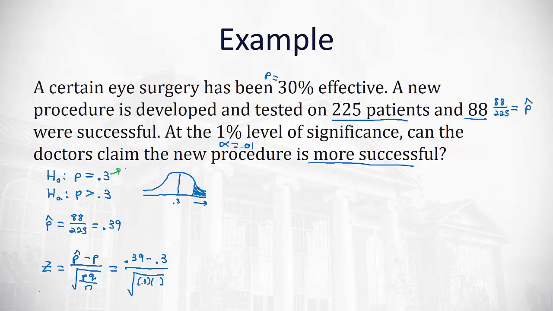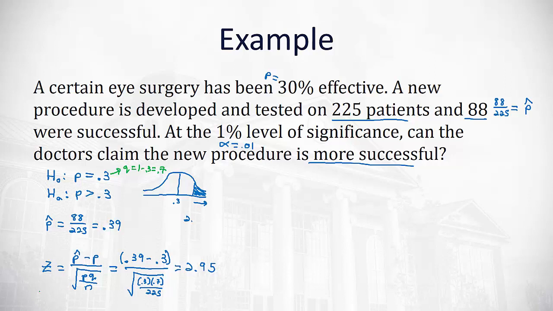If p is 0.3 or 30%, q is going to be 1 minus 0.3, or 0.7, divided by the sample size, which was 225 patients. To help me with my calculator, I'm going to put that numerator into parentheses. And so I've got 0.39 minus 0.3 divided by the square root of 0.3 times 0.7 divided by 225. Being careful to keep that whole denominator in parentheses, I get 2.95.